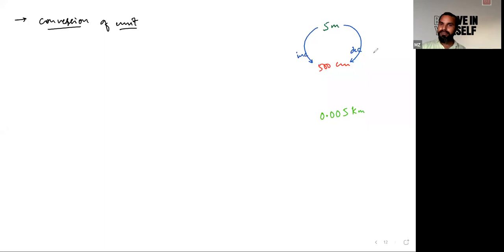Similarly, if you move from meter to kilometer, kilometer is the larger unit and meter is the smaller unit, so we are increasing the unit. The numerical part goes from 5 to 0.05, so it is reduced. From this we can conclude: if we decrease the unit, the numerical part increases, and if we increase the unit, the numerical part decreases. Is it clear to everyone?